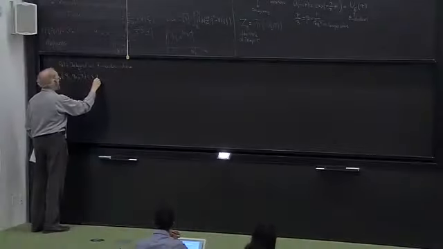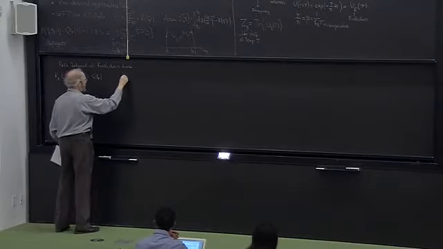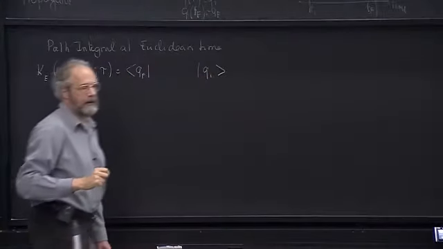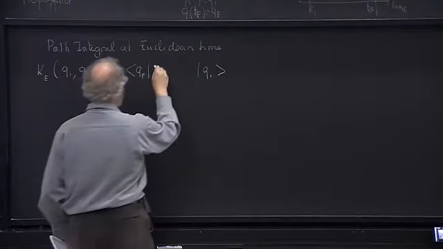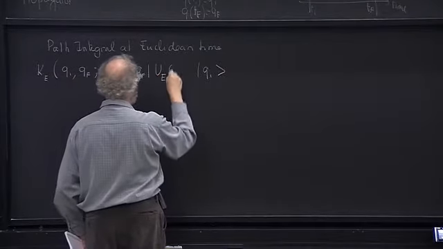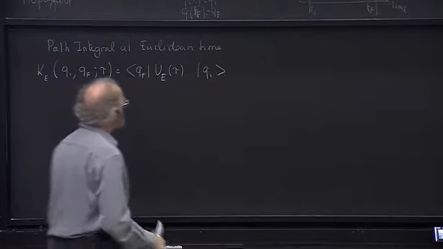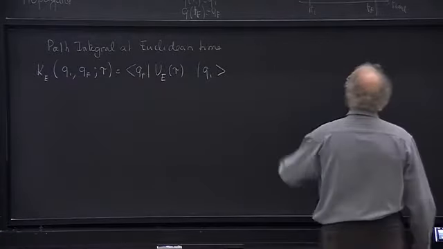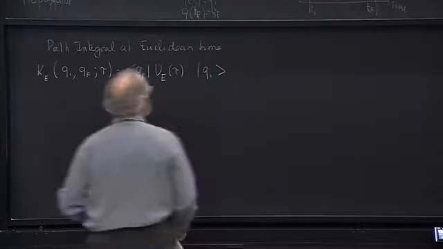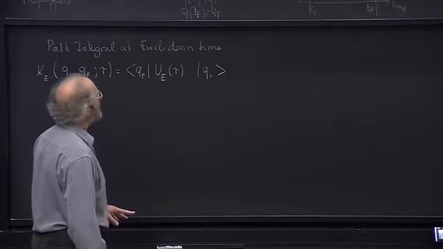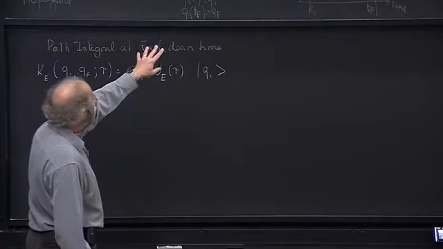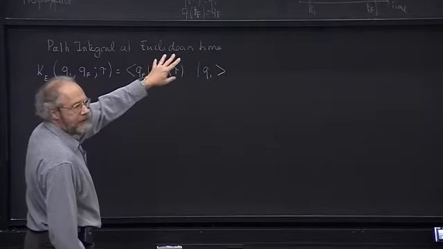So this is a matrix element between initial and final position states, of e^{-H tau}. Okay, so now think about what's going on if you make a Wick rotation in the path integral.